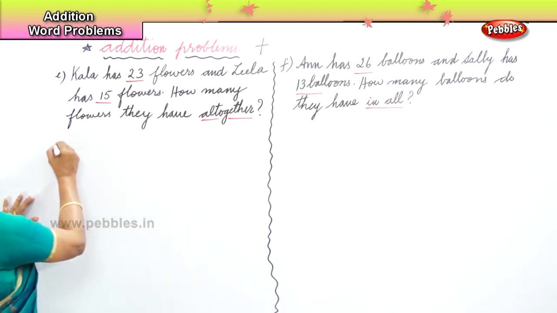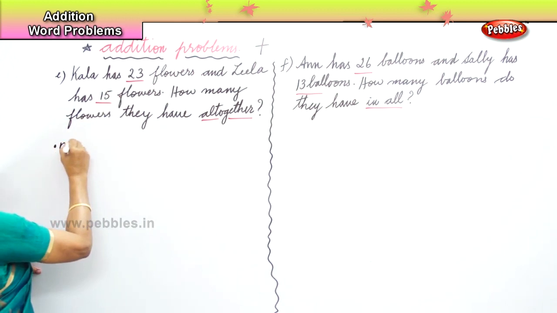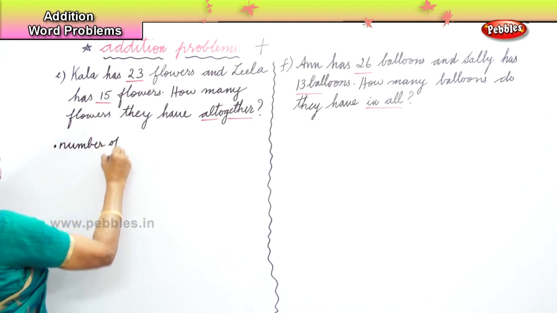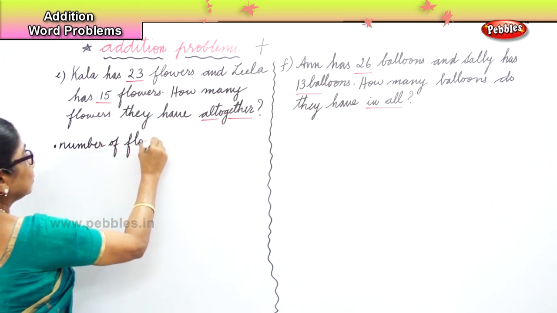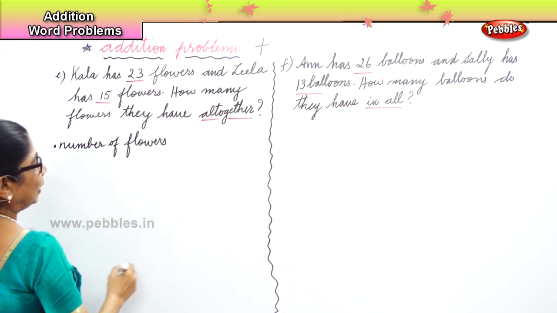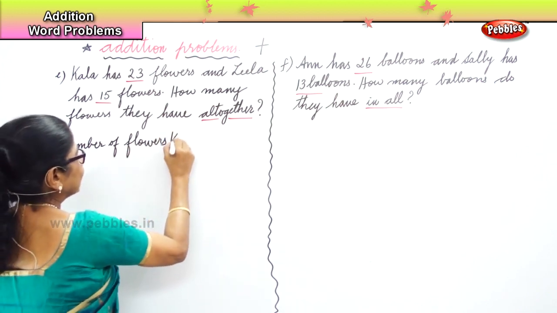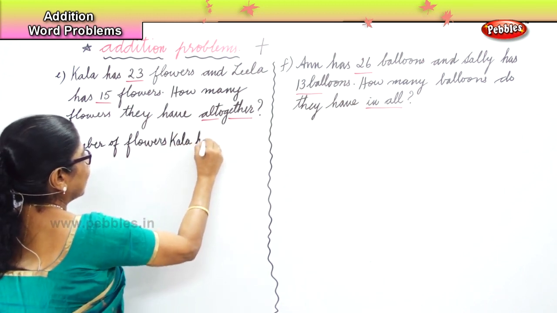So the first statement is number of flowers Kala has.